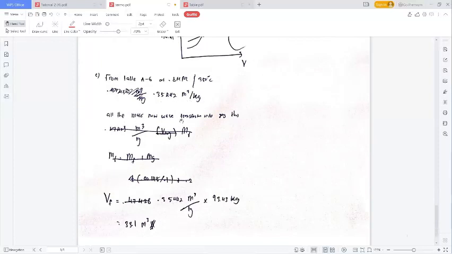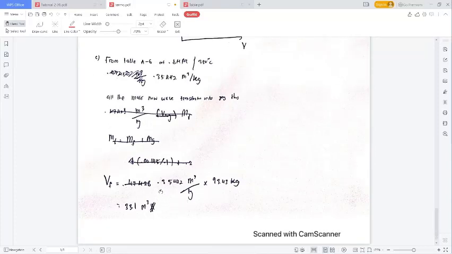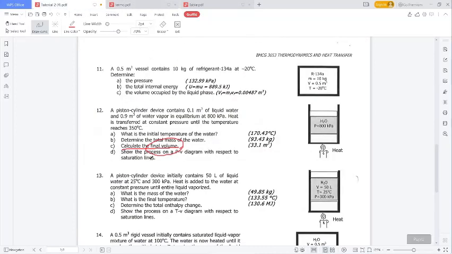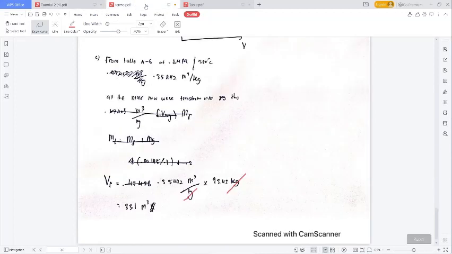All the mass is now transformed into gas. Thus, you need to multiply 0.35442 meter cube per kg by 93.43 to cancel out the kg, because the question asks for the final volume, not the specific volume. So you need to eliminate the kg by multiplying by the total mass.